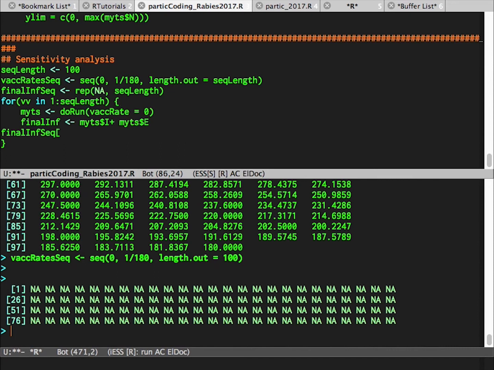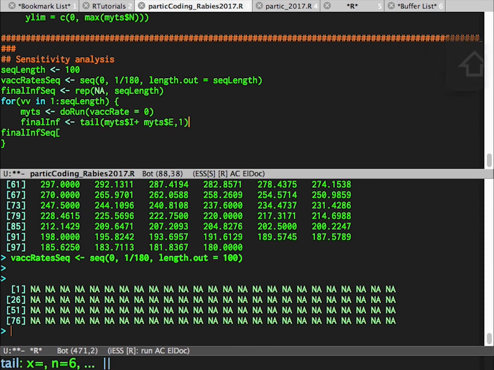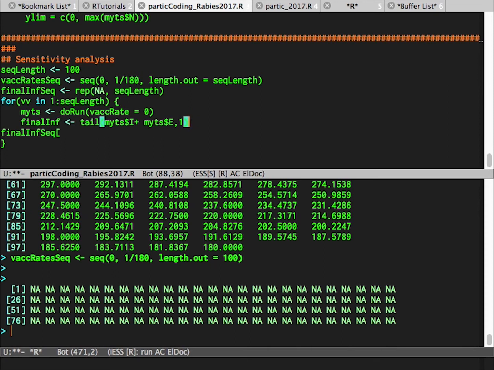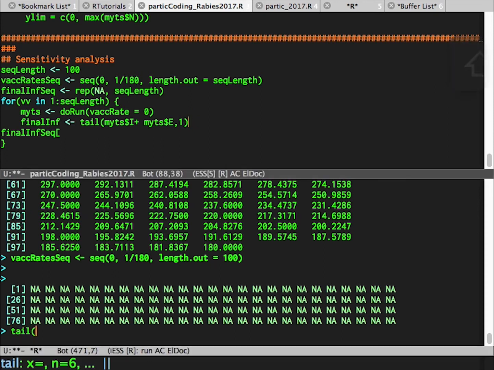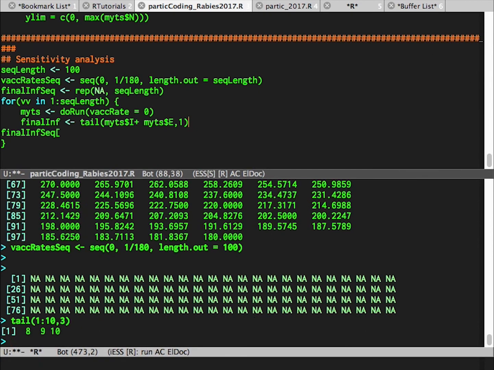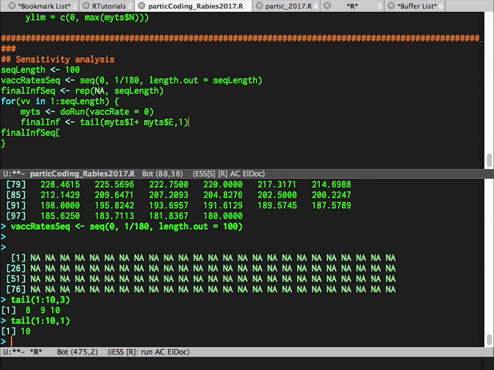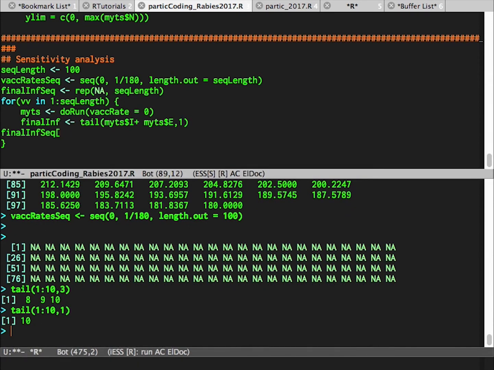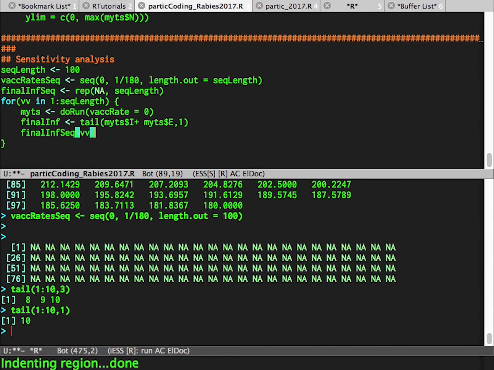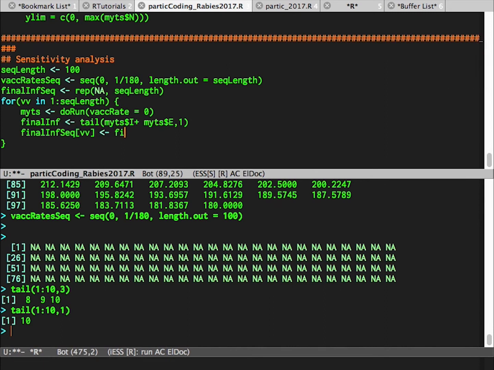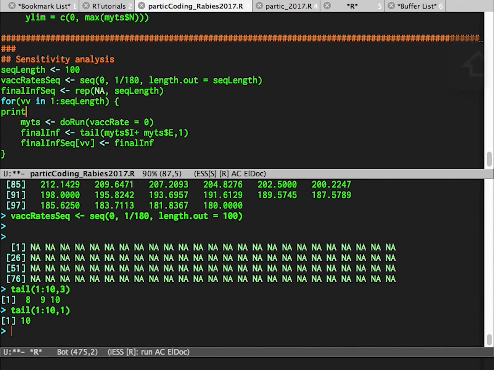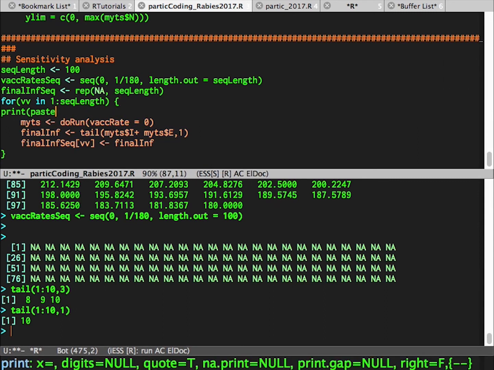And so for a for loop in that, we're going to run the SEIV model and calculate the final number infected by looking at only the last number, using the tail. If I do tail of 1 through 10 and I ask for the last 3 values, it gives me that. 1 gives me the last value, so that's what we're doing. And then we're going to set the values of those NAs to be final infected. And we're going to nicely give ourselves updates to say what we're doing.